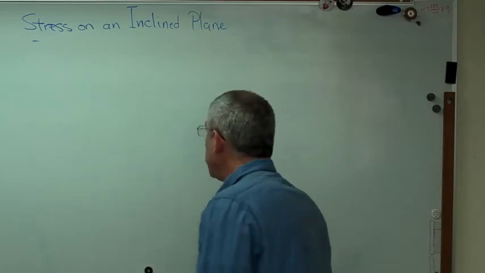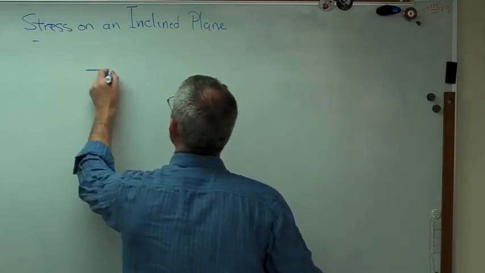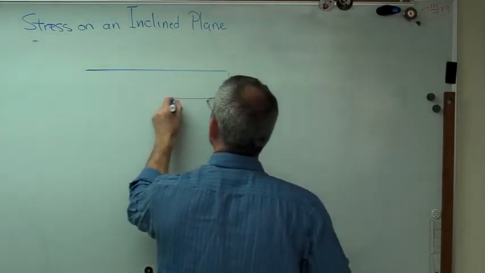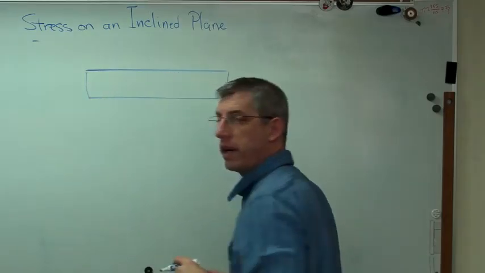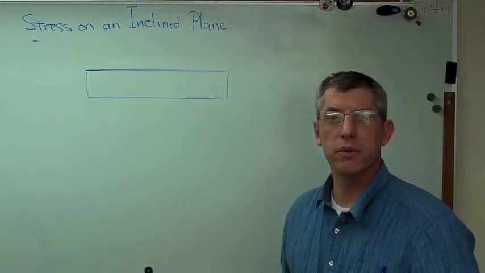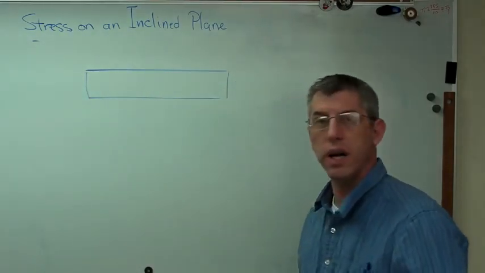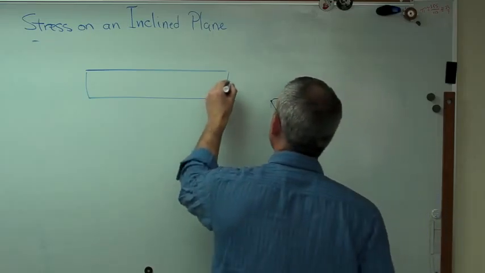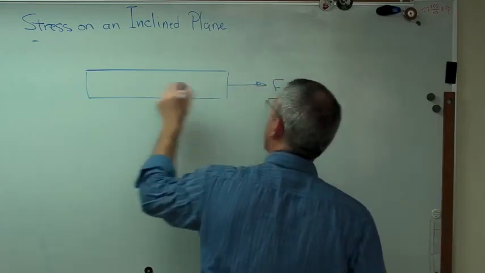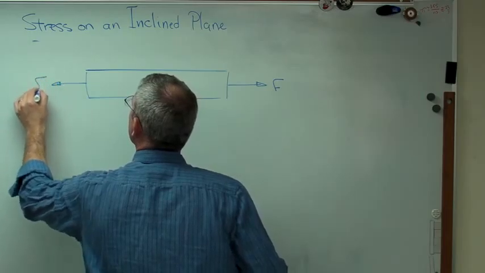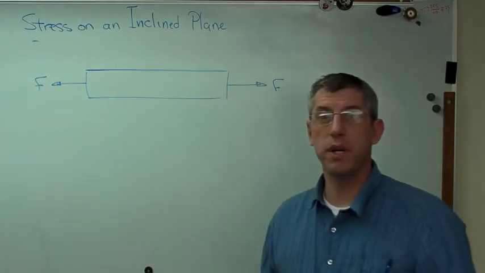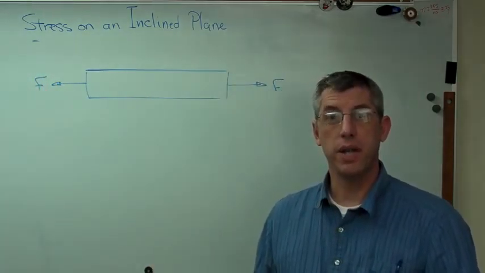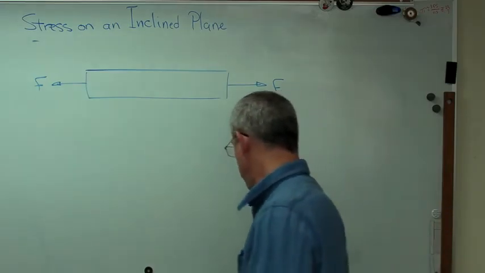So let's imagine I've got a piece of material like this, a little rectangular piece of material, maybe part of a ruler or a square rod or something like that. And I've got a force acting on both ends. The forces are equal and opposite, so this piece of material is in static equilibrium. That means it's not moving.